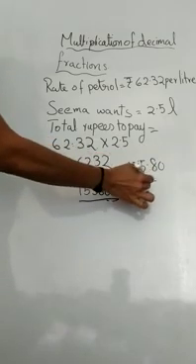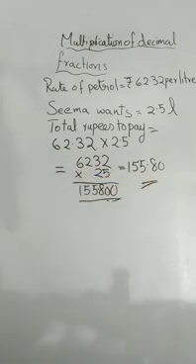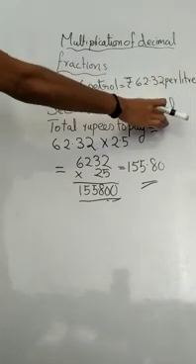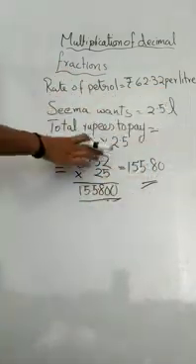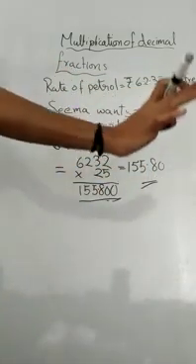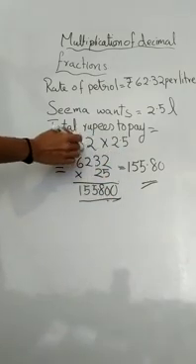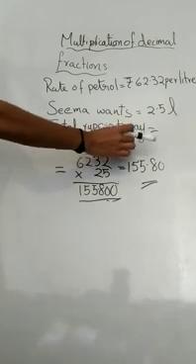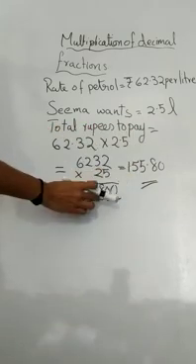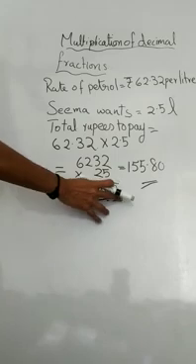So you got the same answer, right? So you can follow any of these. Either you can change each into fractions and multiply, or you forget the decimals and multiply, and at last you have to put the decimal point for the total. If this has 2 and this has 1, the total for the answer will be 3 decimal places.